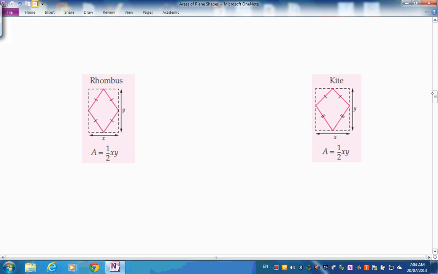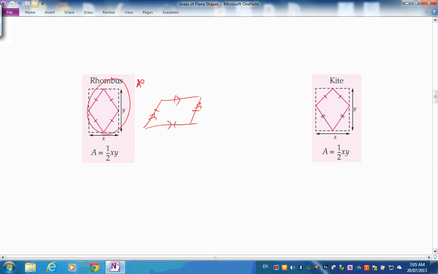These two are a bit more unusual, and again, you could play with this. A rhombus, remember, is a square pushed out of shape, if you like, or a parallelogram with equal sides. So they are all equal. These two opposite sides are parallel. The area of that is a half the product of the two diagonal lengths.